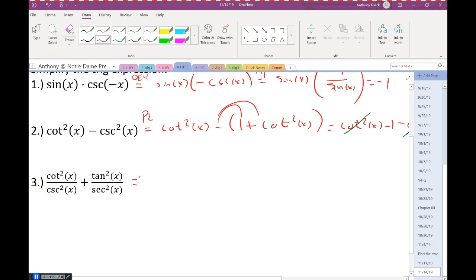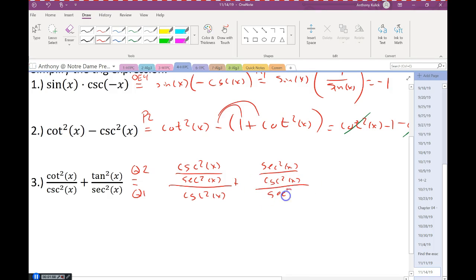Three, what I did is I used Q2 on the cotangent squared and then Q1 on the tangent squared. So I'd have cosecant squared x over secant squared x all over cosecant squared x plus secant squared x over cosecant squared x all over secant squared x.